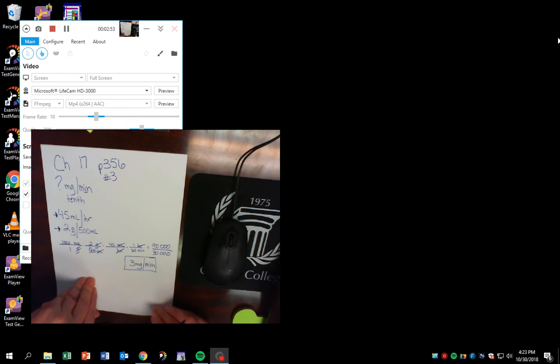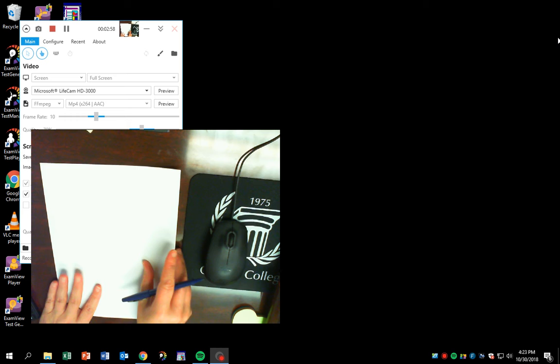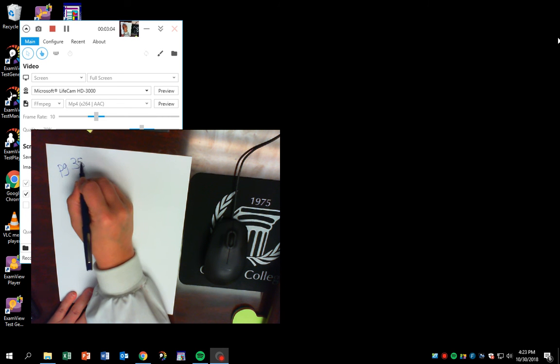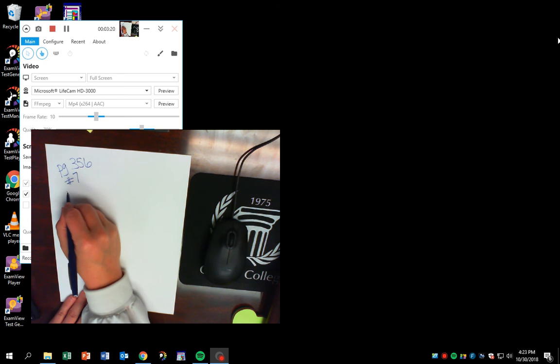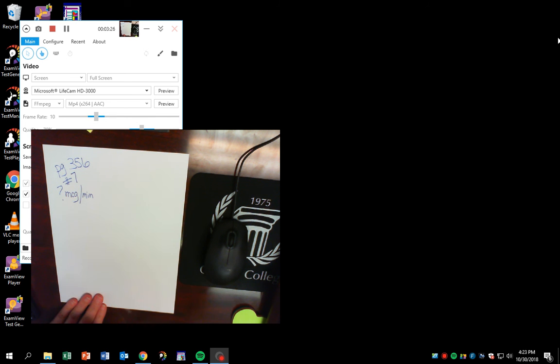Okay, now let's do one from the micrograms per minute side on page 356. Let's do number 7. So on these we're calculating the micrograms per minute from the milliliter per hour flow rates, and then rounding the answers to the nearest tenth.